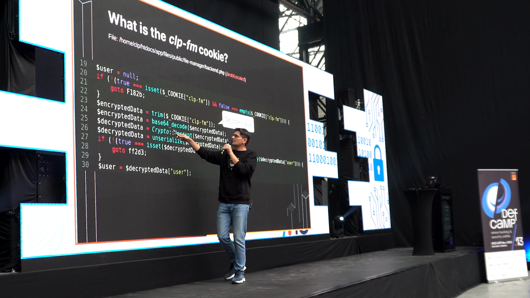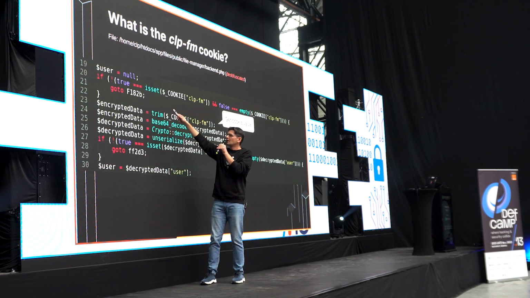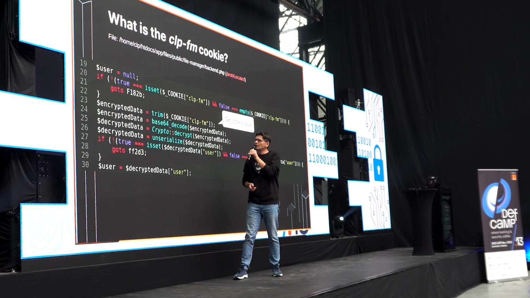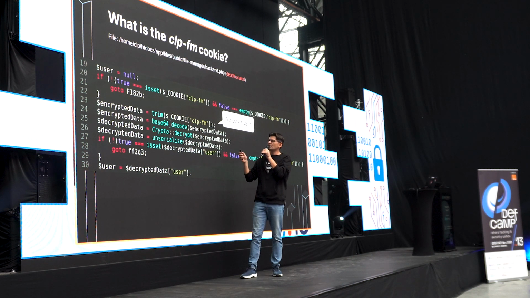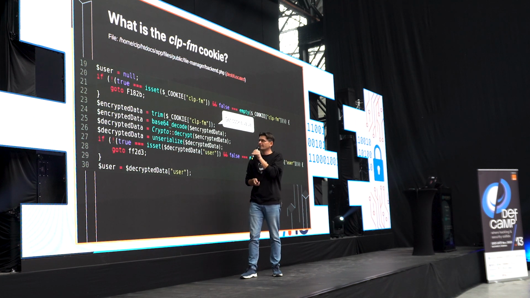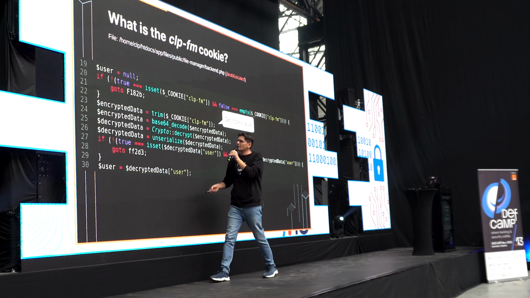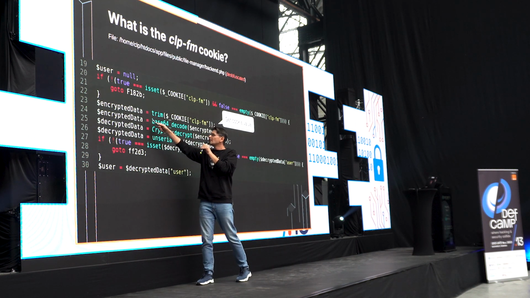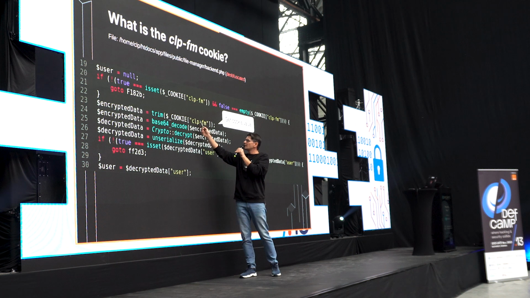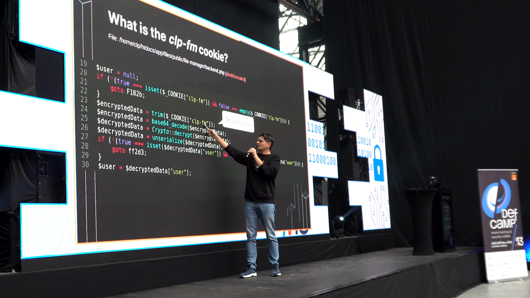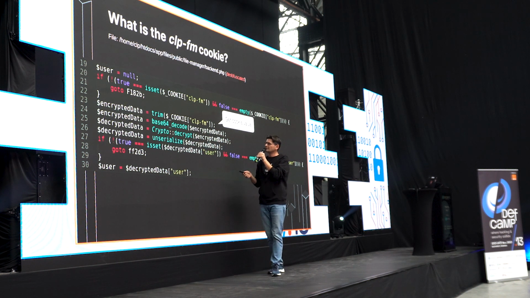So the code starts with a user variable, which at the end will hold the user performing the current operation when accessing the file manager. And you can see that there is a variable here called encrypted data, which is taken exactly from the cookie value, so the CLPFM, which comes from the browser.